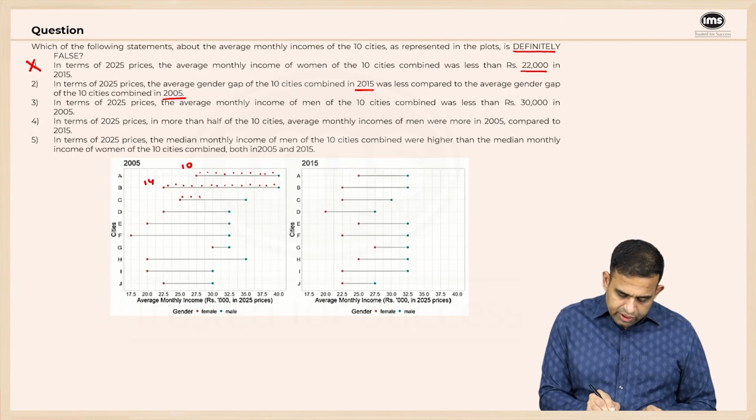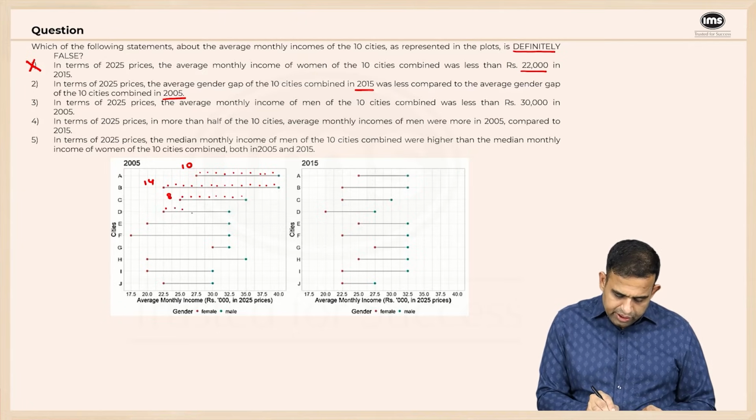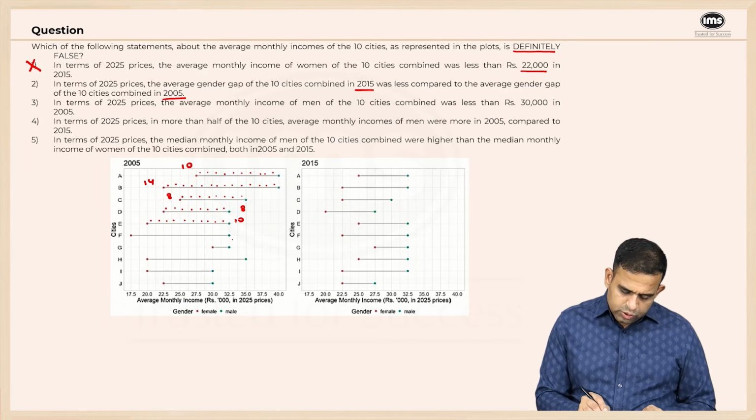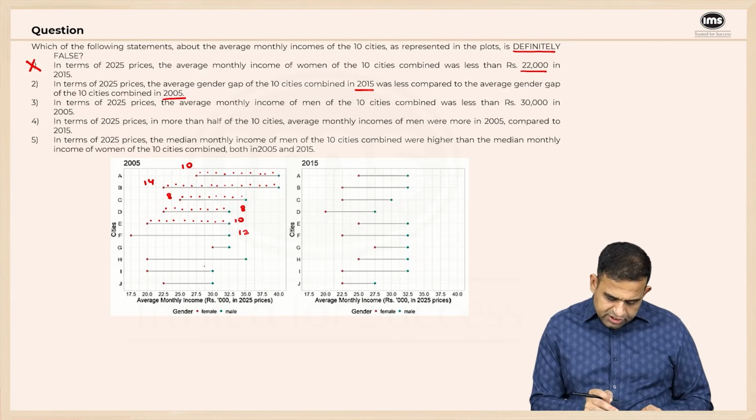Then 8, 8, and 10. Now from 17.5 till 32.5, it's an increase of 15. So we can say it must be 12, another extra 2.